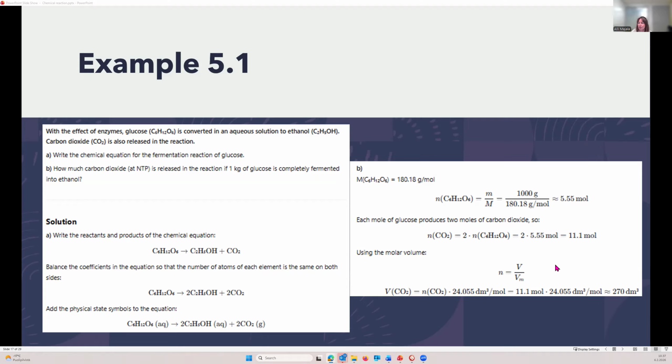And then we can solve the volume. For example, fermenting 1 kilogram of glucose into ethanol, we get 270 cubic decimeters, 270 liters of carbon dioxide gas. That's also something.